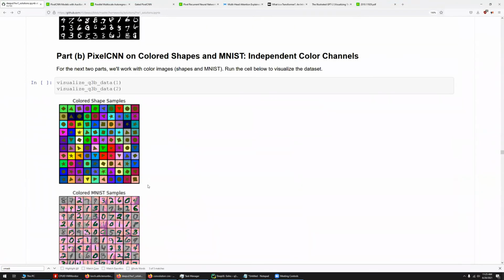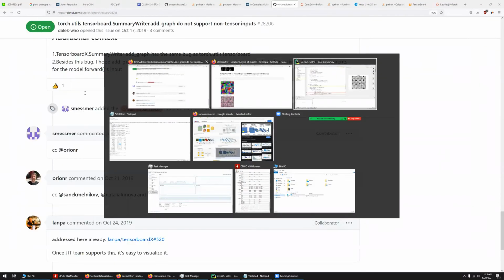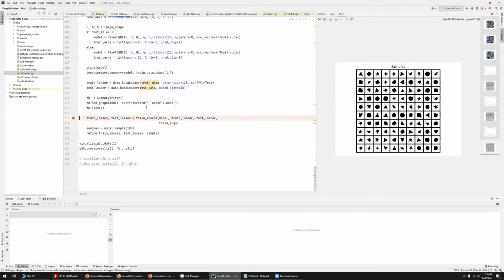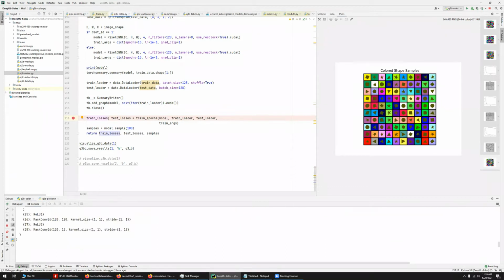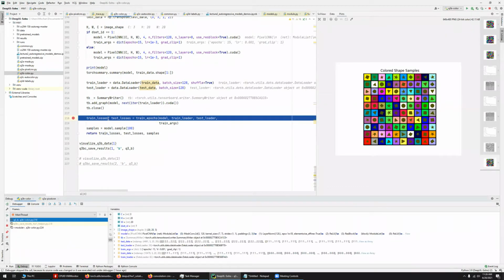Here we have color shapes and MNIST, and we want to use independent color channels. So the data here is, so let me go to. So we look at the input data.